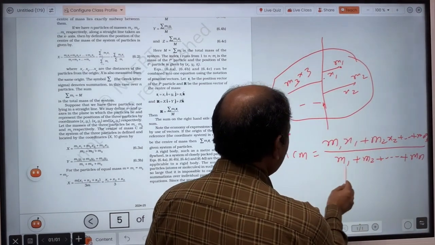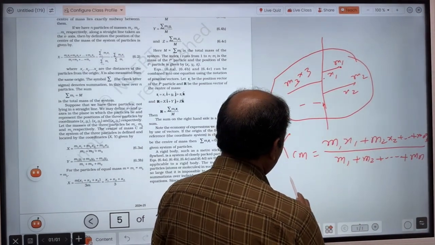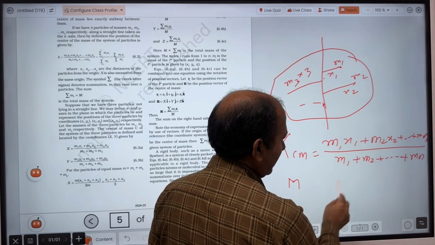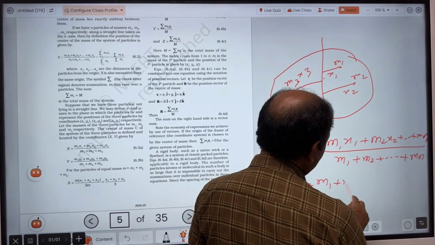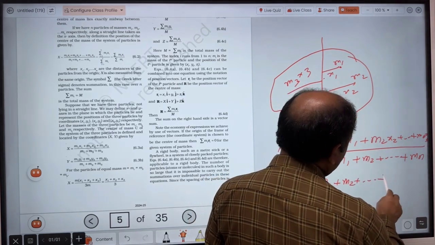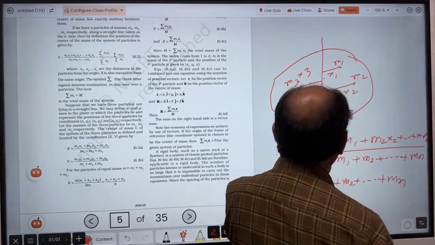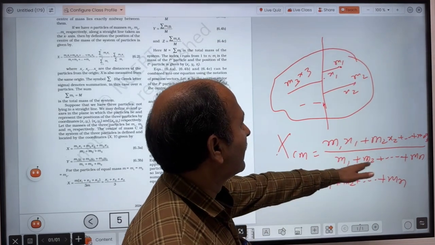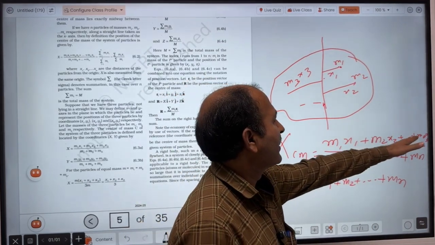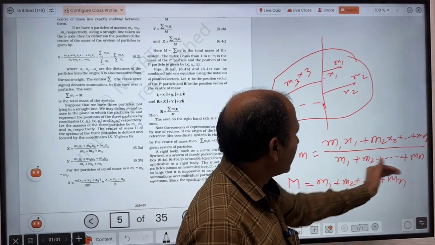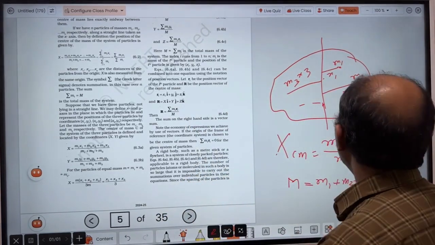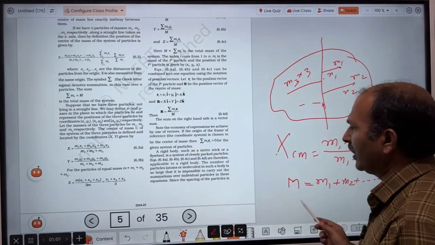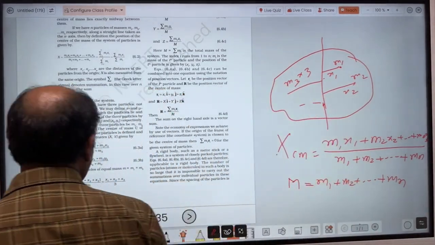We can write this as x_cm equal to m1 x1 plus m2 x2 plus mn xn divided by capital M. Here the sigma sign can also be used, sum of mi xi, so that we will see later on.